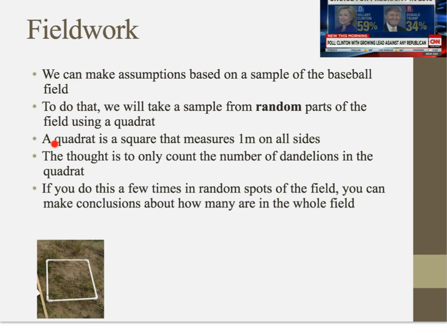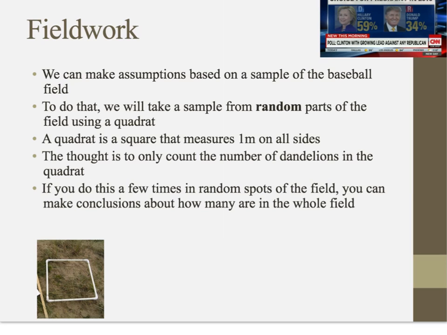Well, we use something called a quadrat. A quadrat is a tool. It's usually a square, although I guess it could be a circle, that covers a certain area. We'll generally be using ones that are 1 meter on all sides, but they can come in different sizes. The thought is to only count a small percentage of our sample.